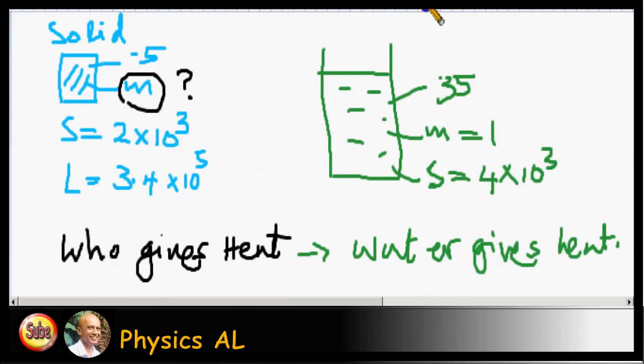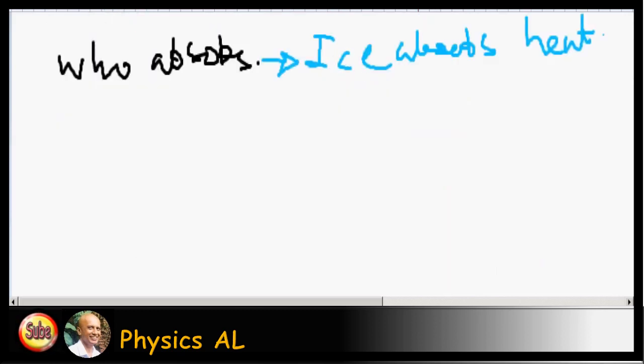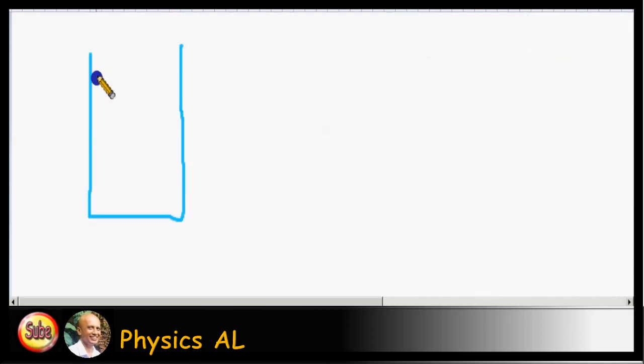But regarding the cube of ice, we have to think about what happens when we put this piece of ice into water and mix it. Then we should visualize the final situation in our mind. So I draw. The water is there.